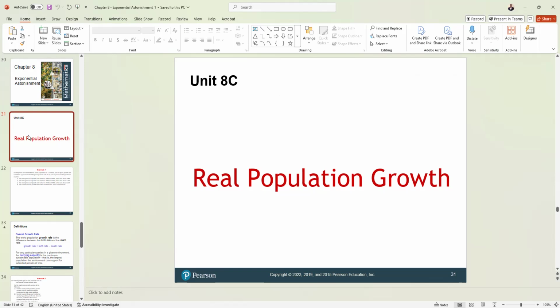Population is estimated to have doubled from 500 million to 1 billion in about 150 years, from 1650 to 1800. Then it doubled again from 1 billion to 2 billion by 1922, from 1800 to 1922, a period of only about 120 years.